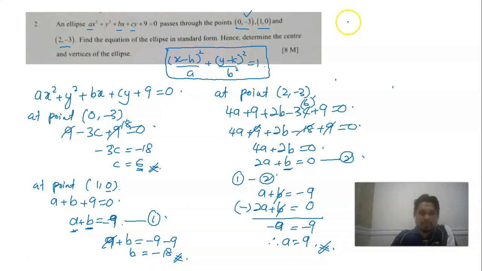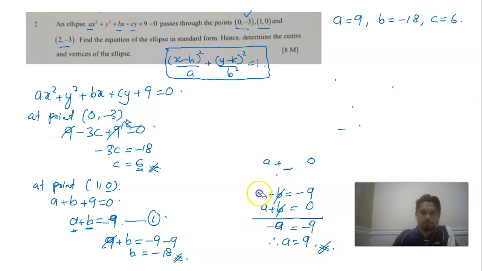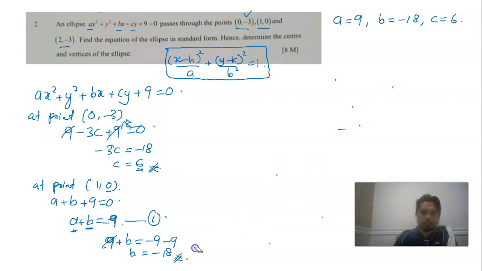Right now let's list all the values: a equals 9, b equals negative 18, and c equals 6. Okay, never mind, I clear all this too.